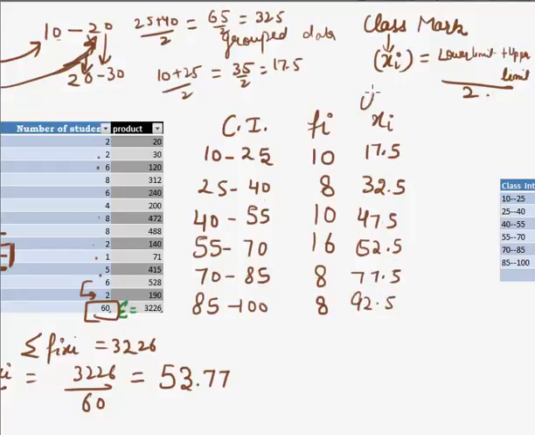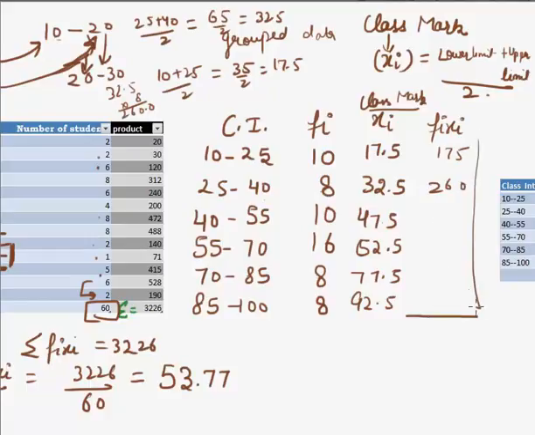So since this class mark is serving the purpose of xi, by direct method here mean will be given by first calculating the product of fi and xi, which will be for the first observation 175, for the second observation 32.5 into 8 will be 260 and so on.